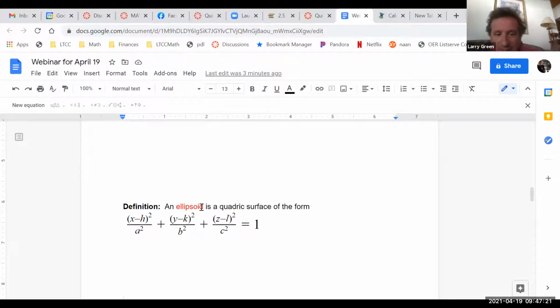I'm going to mention something. There are two pieces of the word ellipsoid. There's that part, ellipse. And hopefully you all know what an ellipse is. What is an ellipse? Circle with different radii.